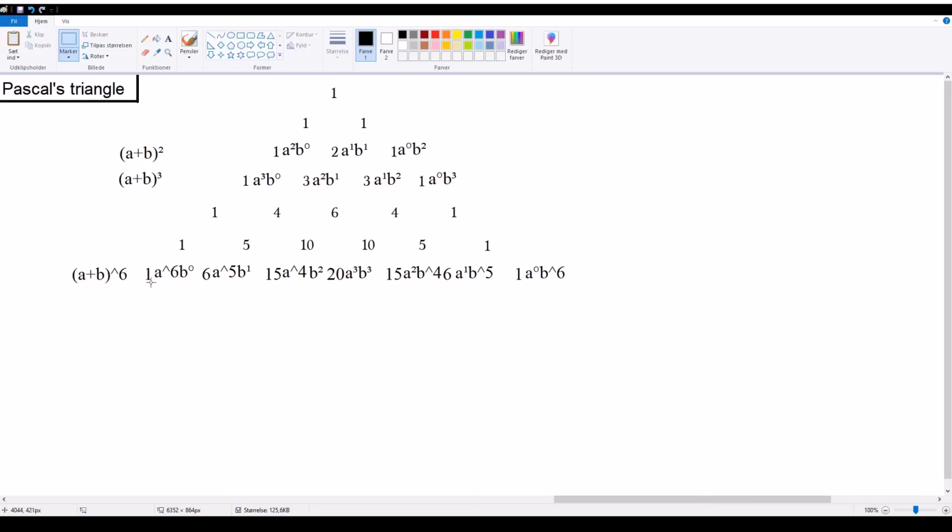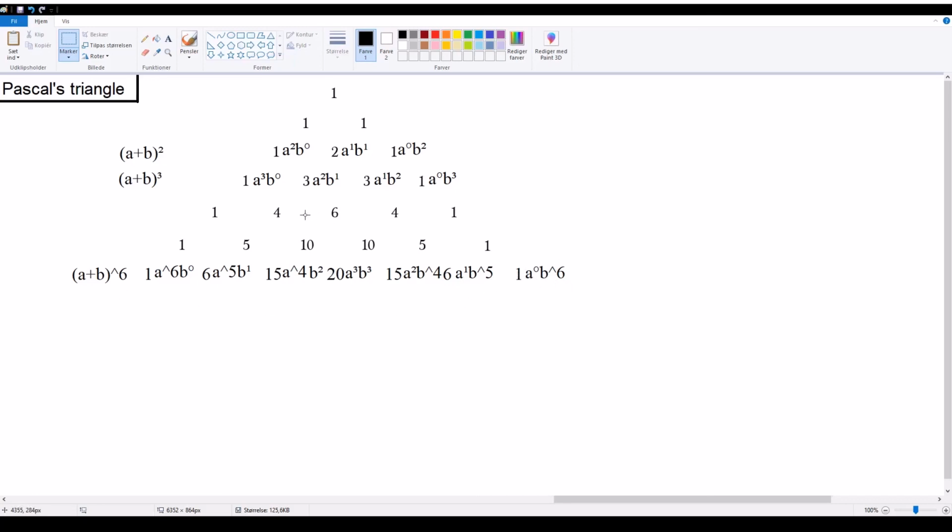So you start with a to the power of 6, b to the power of 0, then 6a to the power of 5, b to the power of 1, which is just b, 15a to the power of 4, b to the power of 2, or just squared, 20a cubed b cubed, 15a squared b to the power of 4, 6a to the power of 1, b to the power of 5, and a to the power of 0 and b to the power of 6.